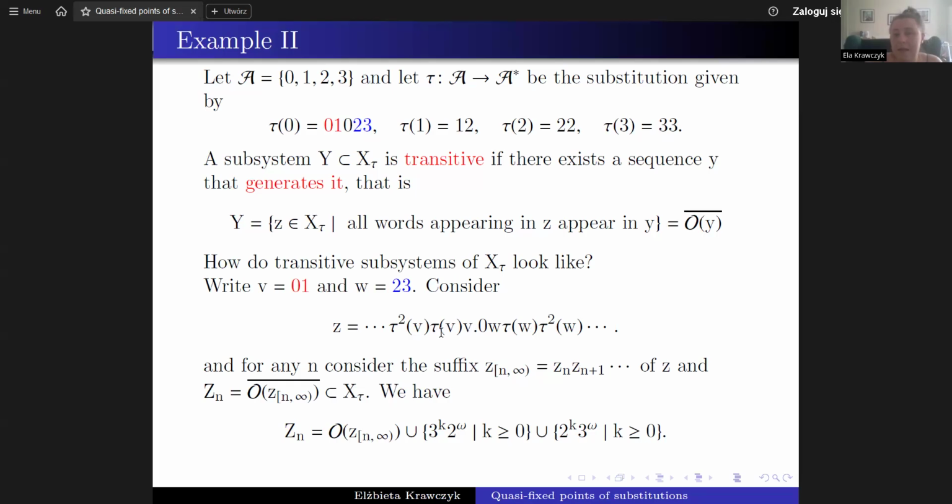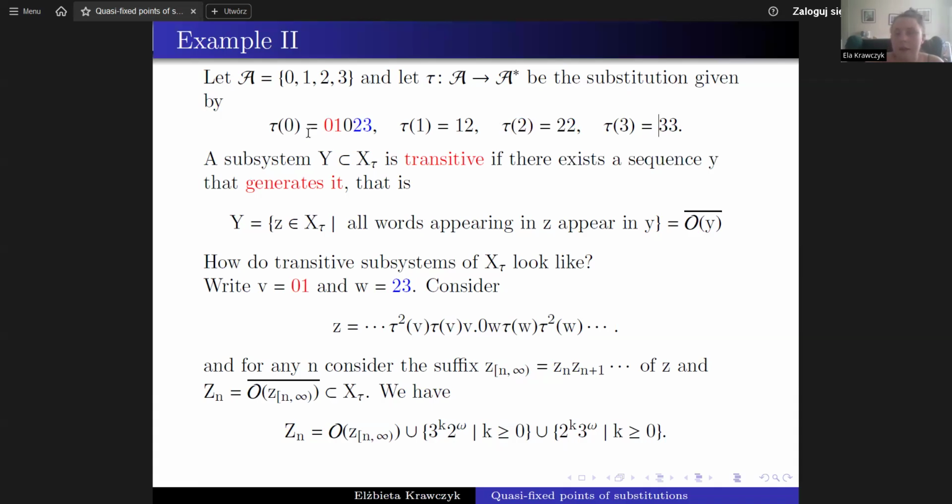Yes. And now to describe all the transitive subsystems of my system. It is not very difficult to see the following. First of all, when I look at this system, we clearly see that we'll have a periodic sequence of 2's in my system, since I can just iterate this 2 infinitely many times and get a constant sequence of 2's. And of course, I can do the same with 3.